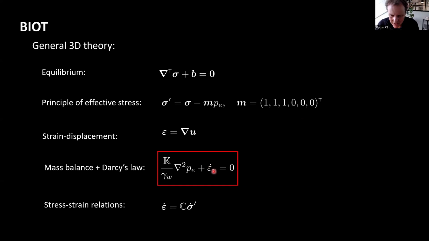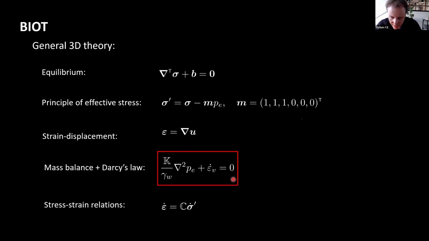So basically what this says is that changes in volumetric strain lead in one way or another to changes in excess pore pressure. And that's the squeezing of the material. The material compresses, and then something happens to the pressure. So this is the key component, what couples everything.